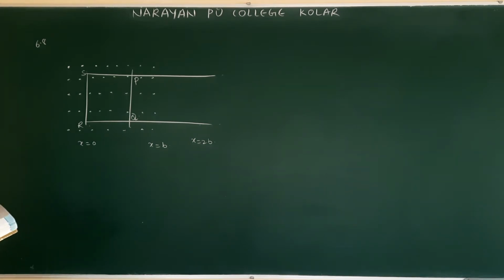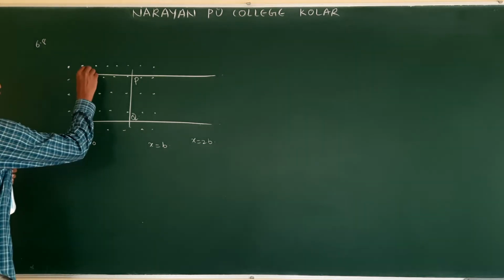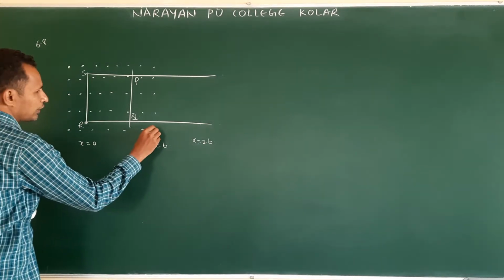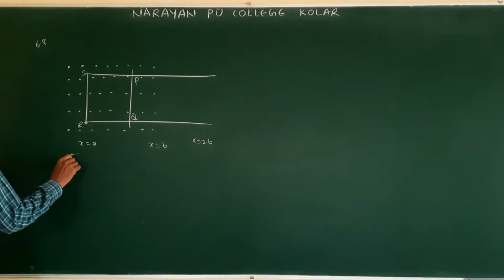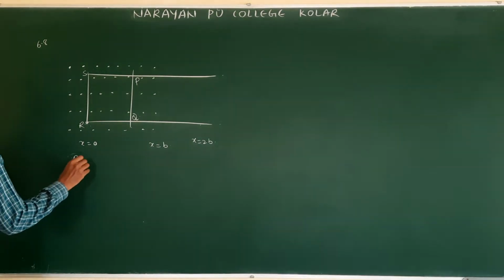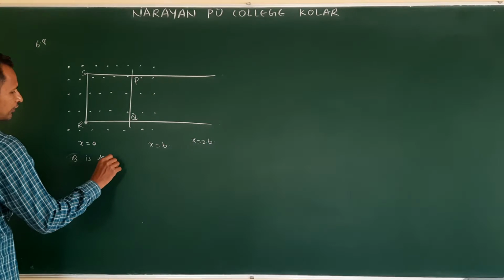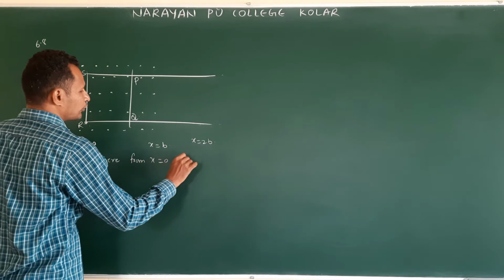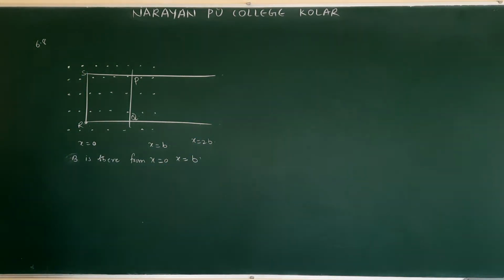What did they ask? Obtain the expression for the flux, the induced EMF, and the force necessary to pull the arm. Okay. First, we will find the flux. The magnetic field B is present from x is equal to 0 to x is equal to b. Clear?